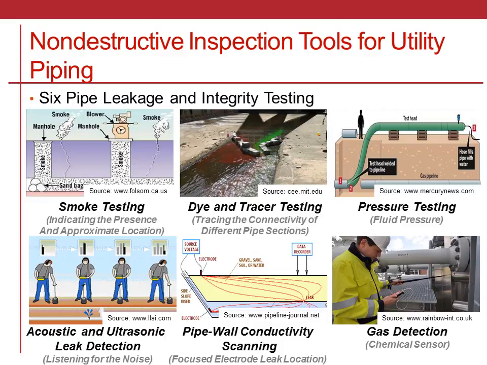Leakage and integrity are the main factors determining the quality of a pipe. In this slide, six pipe leakage and integrity testing methods will be introduced. The fundamental idea of these six methods is the same: if there is a leak, there is an abnormal response.